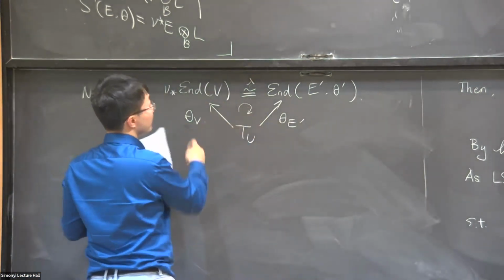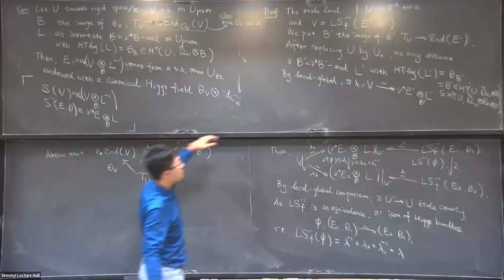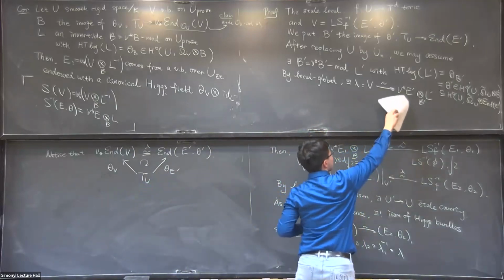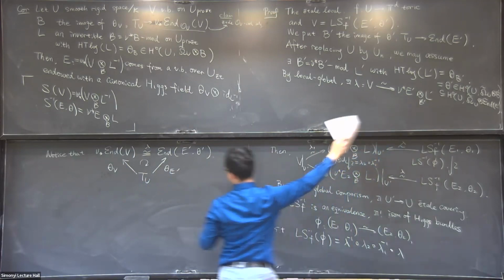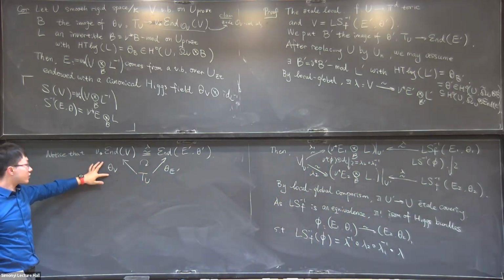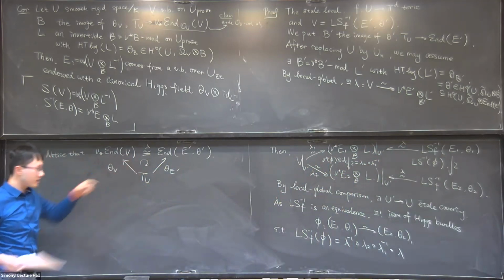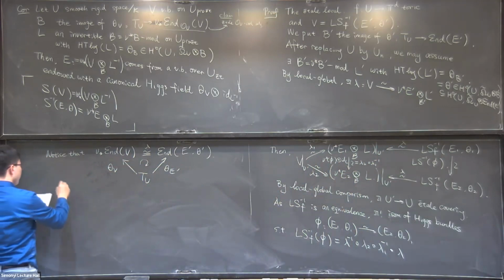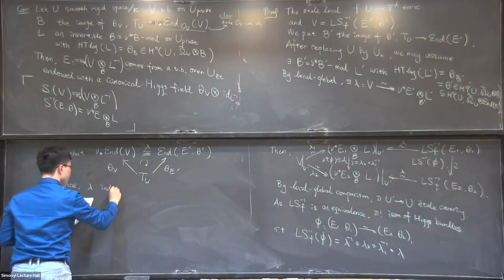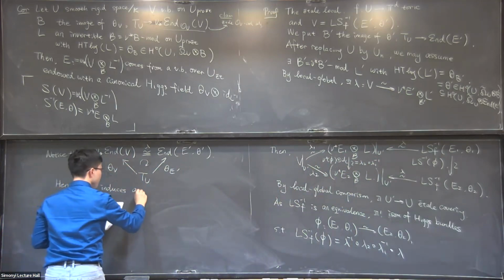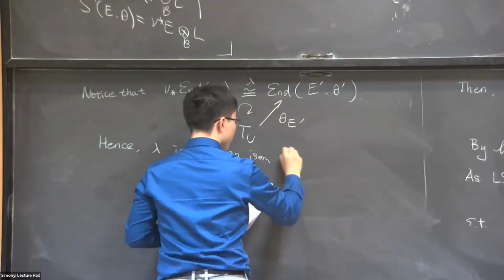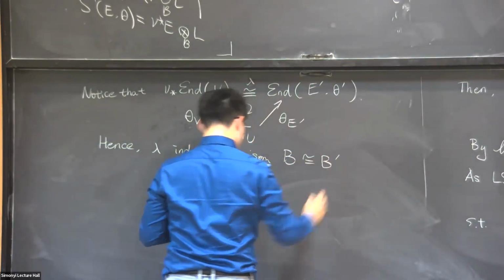Because to define theta V you pick such an isomorphism, and the Higgs action for that will induce the geometric sum operator. So by construction of theta V, this diagram commutes. Okay, hence lambda induces an isomorphism of the image of these two maps, an isomorphism from B to B prime.